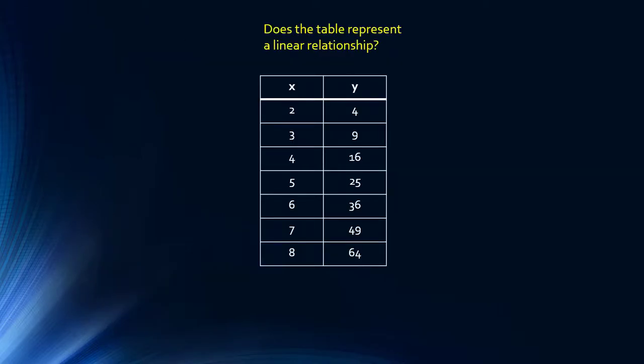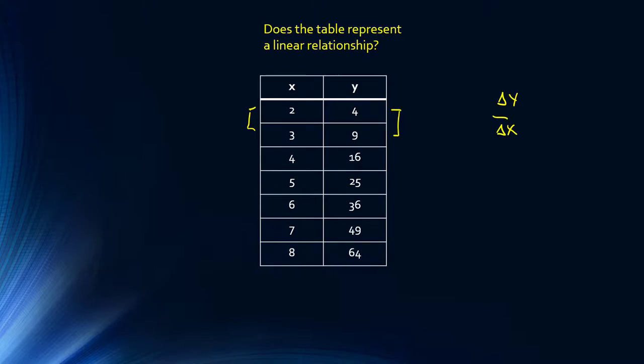Now here's one for you to do. Determine if this table represents a linear relationship. Use the brackets religiously, just like I did in the example, and determine if delta y over delta x is or is not a constant. If delta y over delta x is a constant, then it will be a linear relationship.